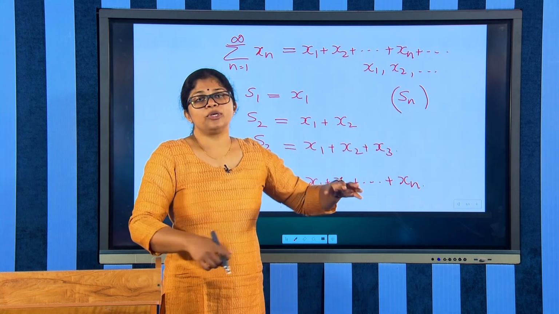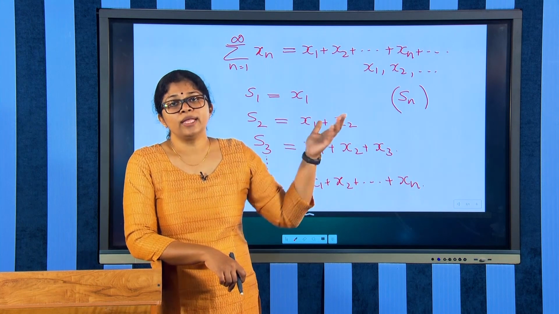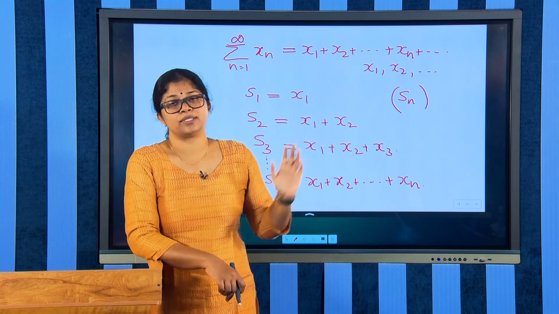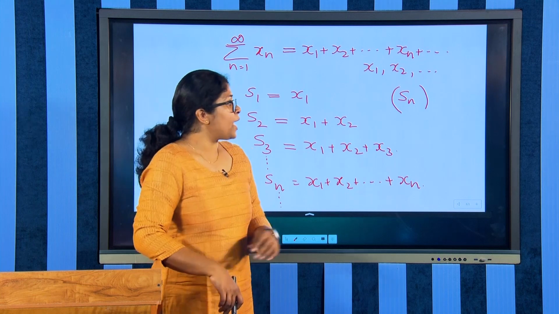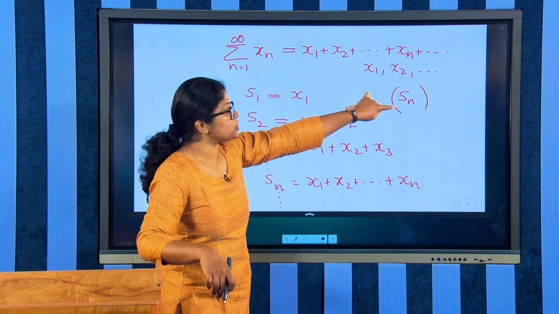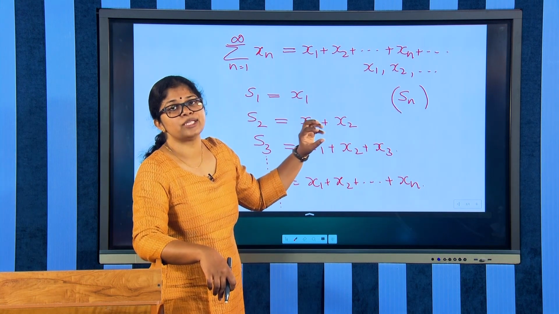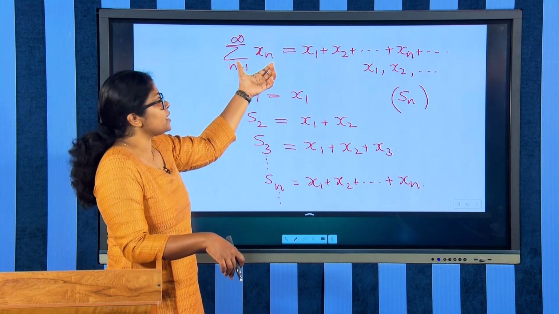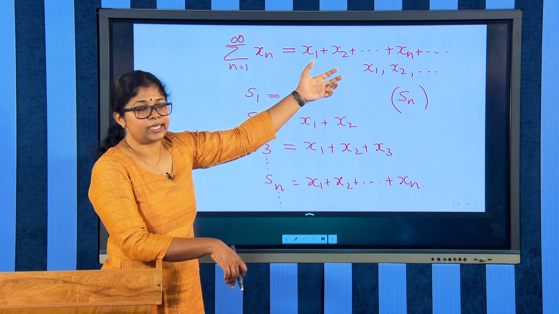As I told you, we are well familiar with the convergence of a sequence of real numbers, and if this sequence of partial sums converges to a finite quantity, the entire series converges to a finite quantity.